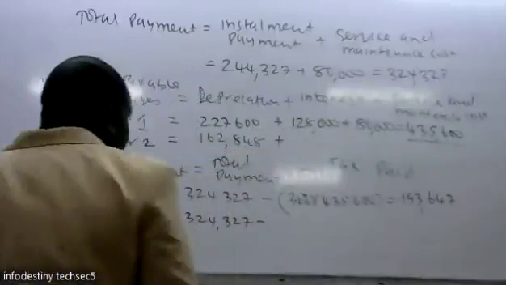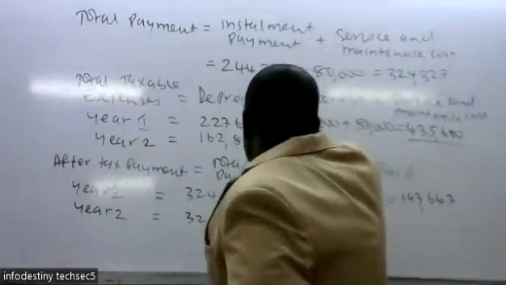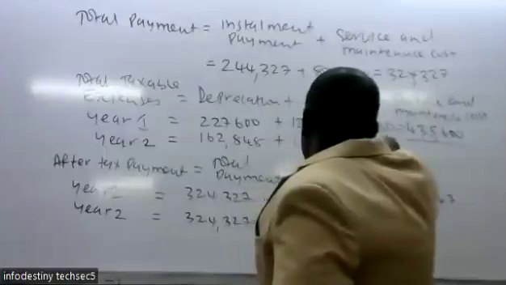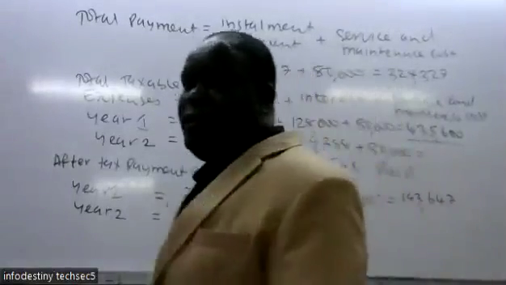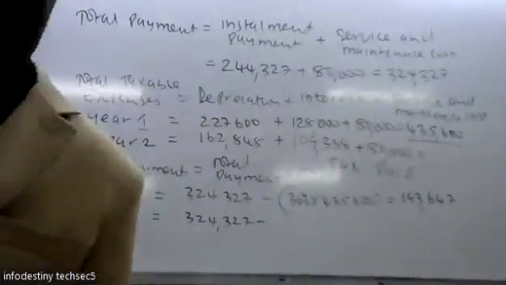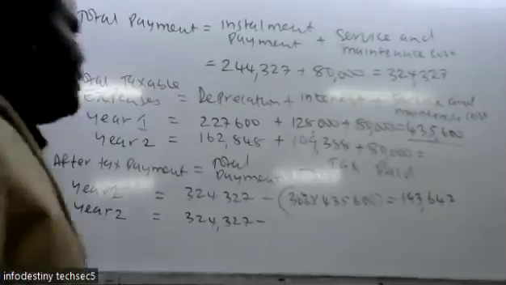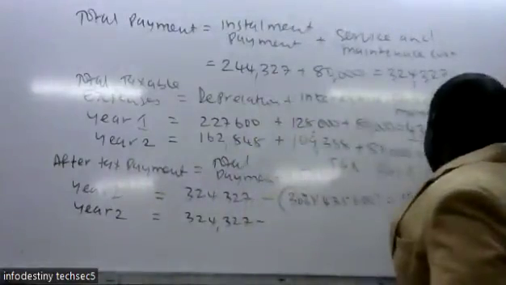How about interest, year two? 109,388. Then also add 80. 80 is constant every year, which is supposed to be which value? 352.